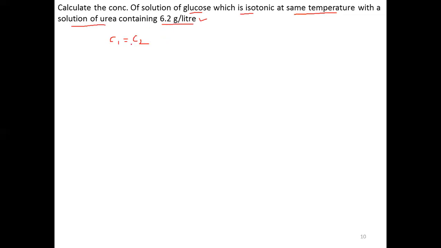Suppose 1 denotes glucose and this is urea. So we can write the concentration of glucose has to be equal to the concentration of urea, and the concentration of urea is given. Concentration of urea is equal to 6.2 gram per liter. This is the concentration of which solution?